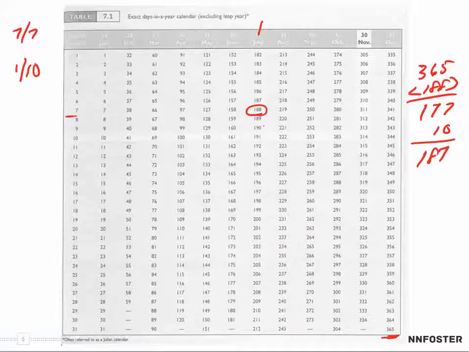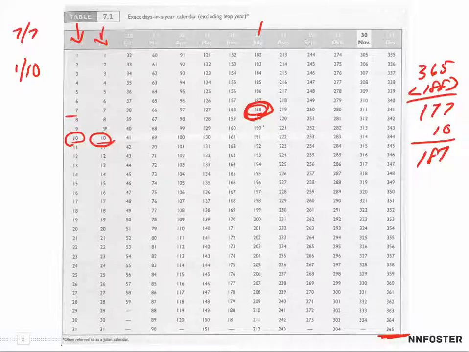Okay. All right. So, and again, we're wrapping around the calendar here. We started out with this day here at 188, and we went to the end of the calendar. Well, the end of that calendar, for the next year begins right here. So I went from 1 all the way down to day 10 in the month of January.